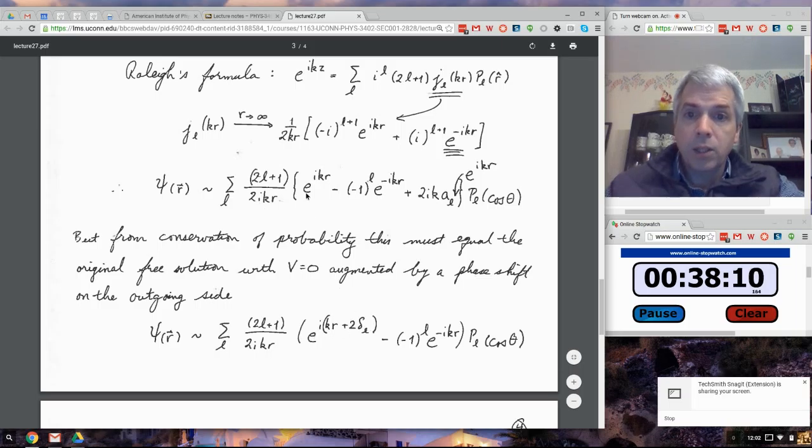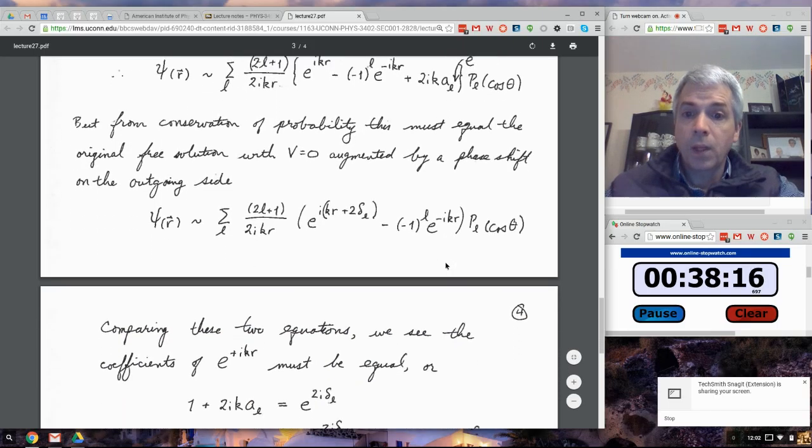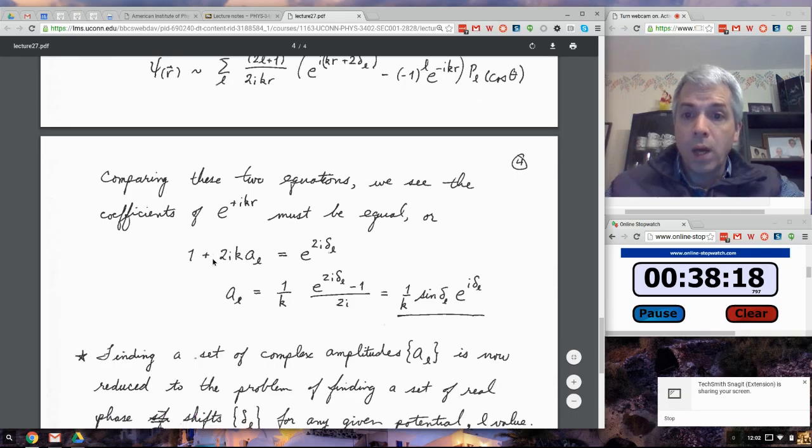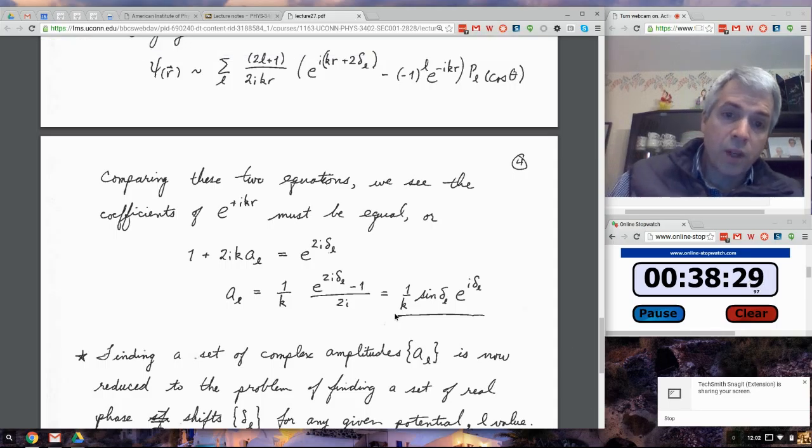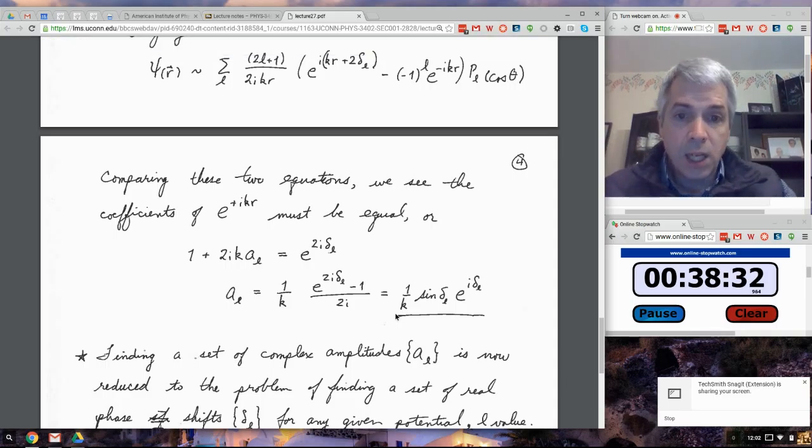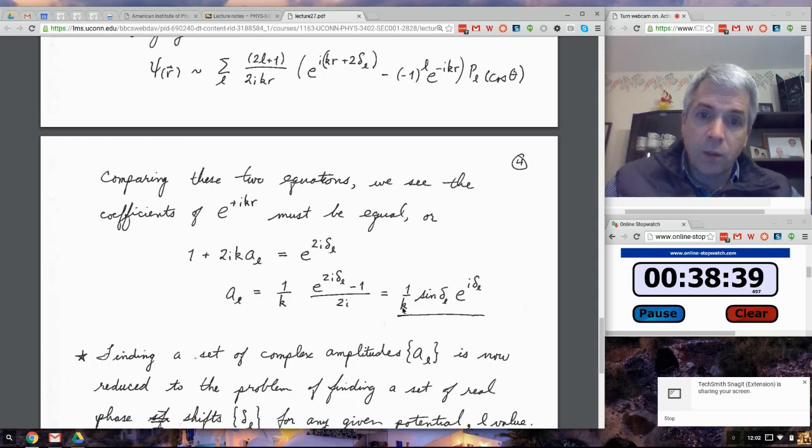But here I've got 1 plus 2ik A sub L. So those have to be equal. Solve for A sub L, and lo and behold, we end up with this expression, which tells us that conservation of probability, conservation of energy, all the things we know that are common to all potentials, tell us that no matter what the potential is, A sub L can only be of this form.